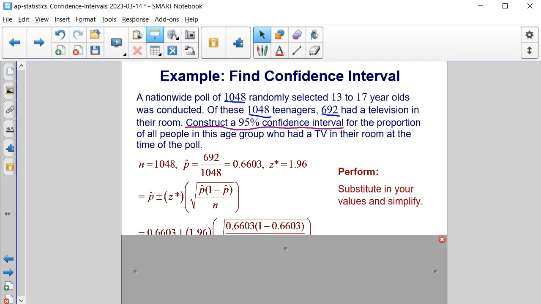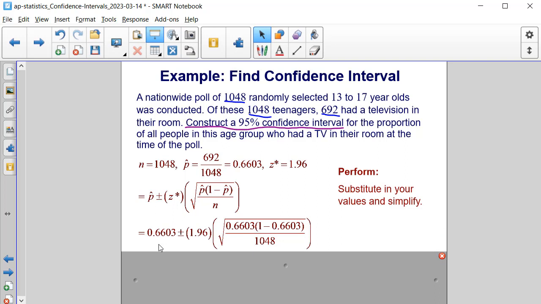So we'll have that it's going to be equal to 0.6603 plus or minus 1.96 times the square root of 0.6603 times 1 minus 0.6603, all divided by 1,048.